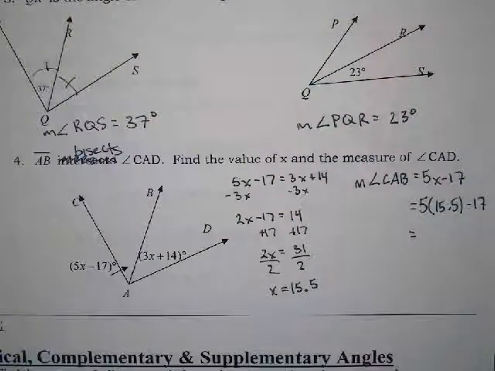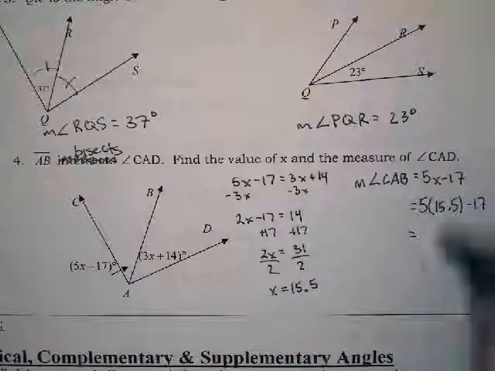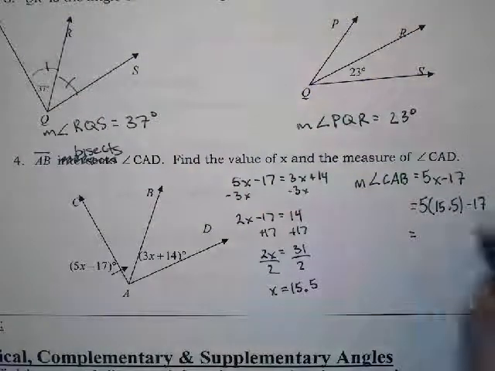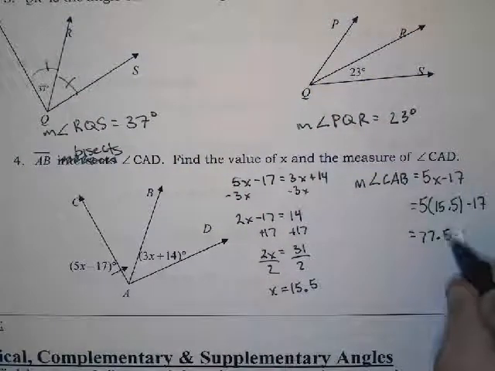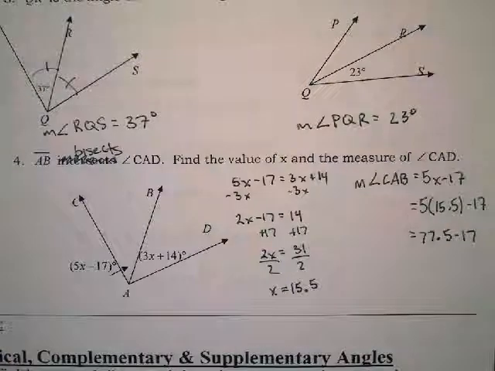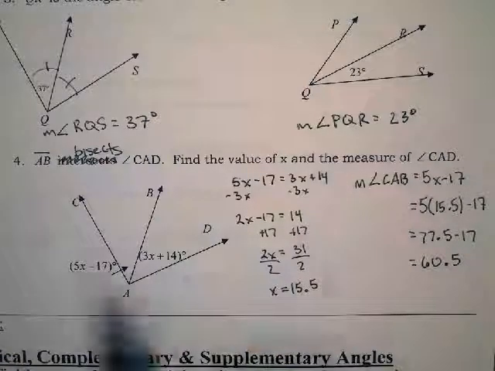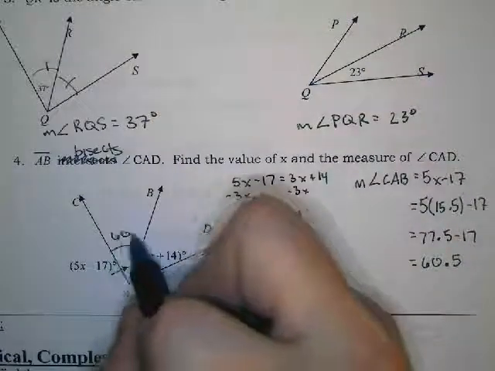So when we do that bit of math, we get 5 times 15.5 is 77.5 minus 17. Subtract 17, and we get 60.5. So we found that this angle right here is 60.5.